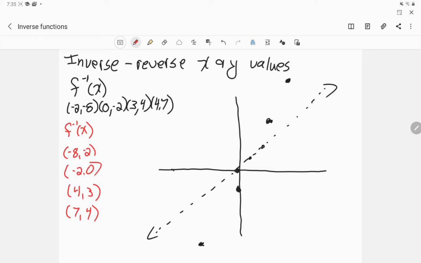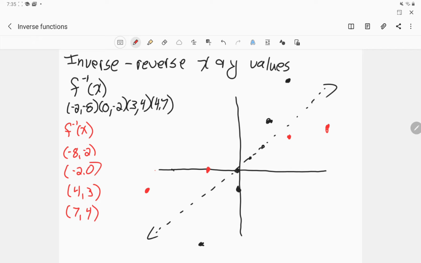So if I put those on the graph, -8, so 1, 2, 3, 4, 5, 6, 7, 8, and 1, 2. And -2 and 0, say that's right about there somewhere. 4 and 3 would be like 4 and 1, 2, 3, here somewhere. And 7 and 4 would be 7, let's say that's here, and 1, 2, 3, 4, here.